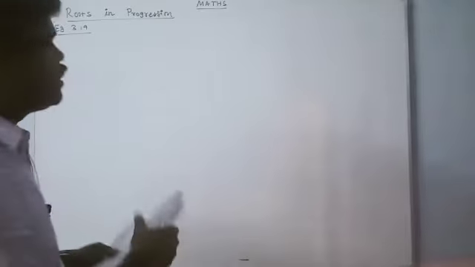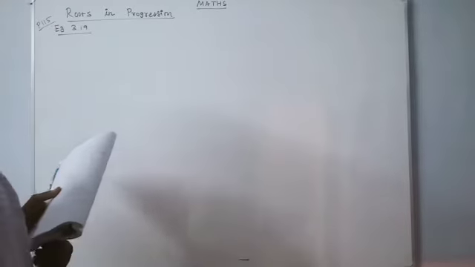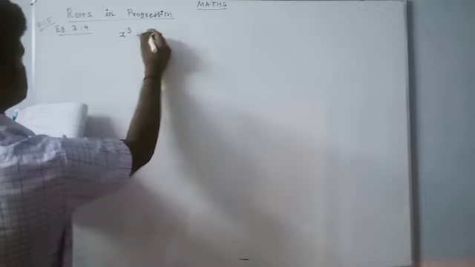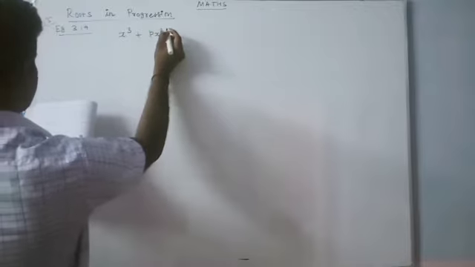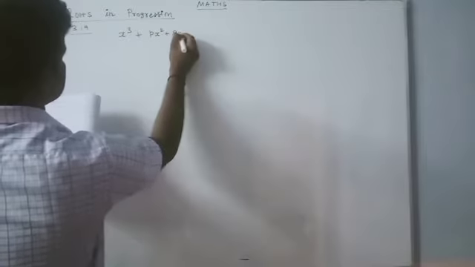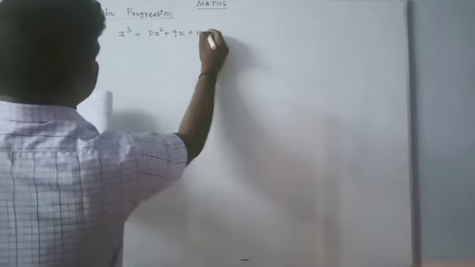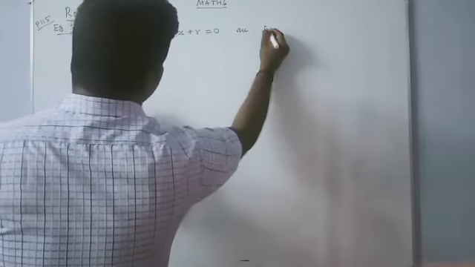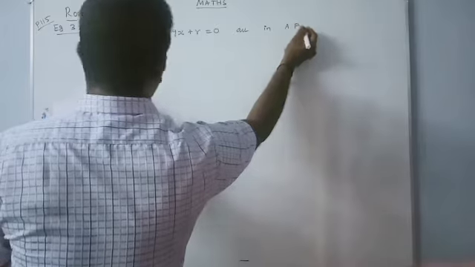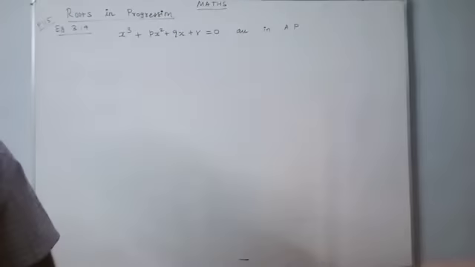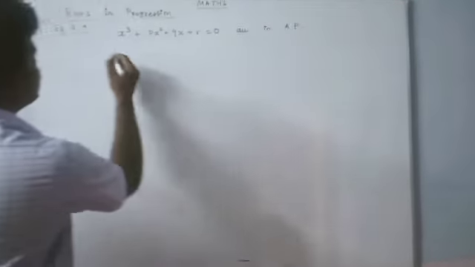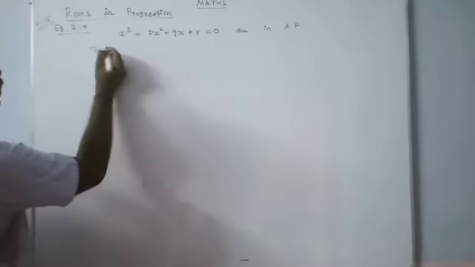Example 3.19. Obtain the condition that the roots of x cube plus px squared plus qx plus r equal to 0 are in AP. AP means arithmetic progression. So we have the roots in arithmetic progression.